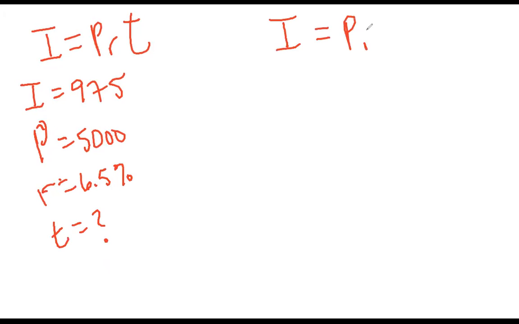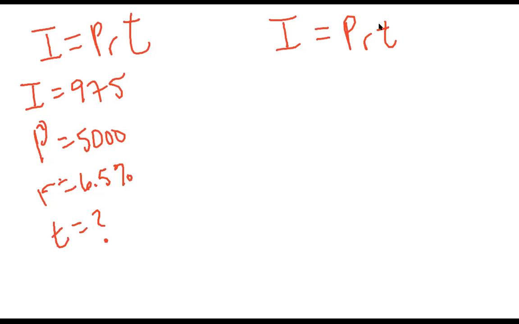Here's my original formula. What do I need to do to change my formula? What am I trying to do to the formula? What variable am I trying to get by itself?